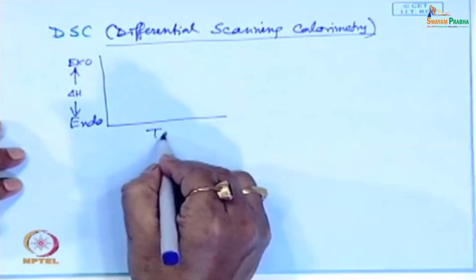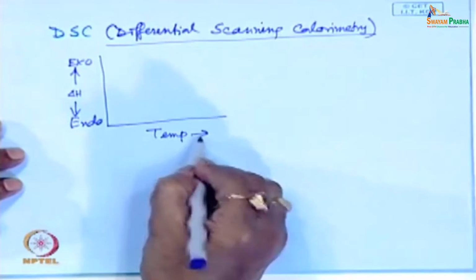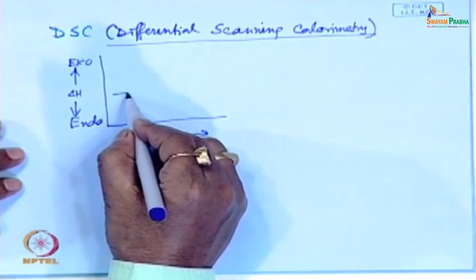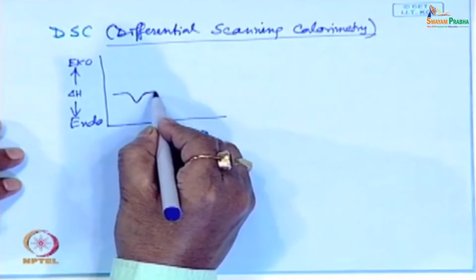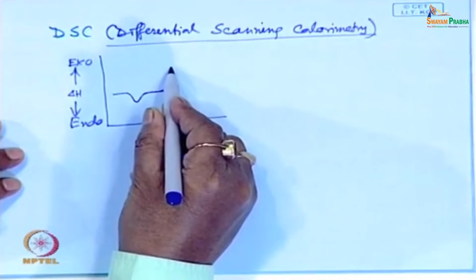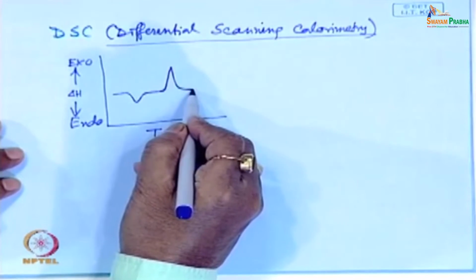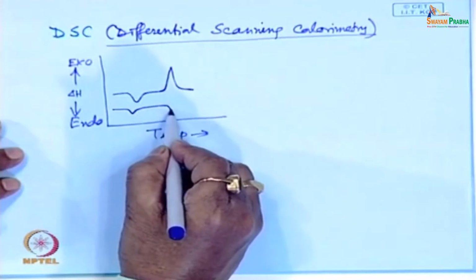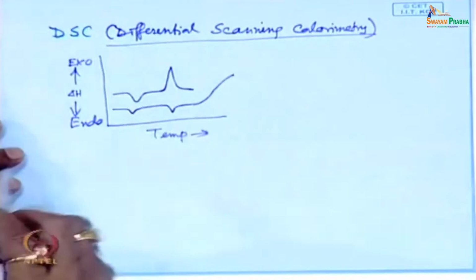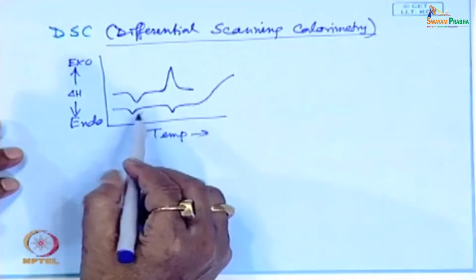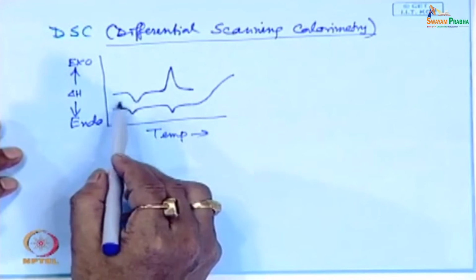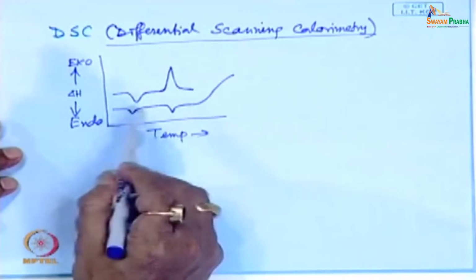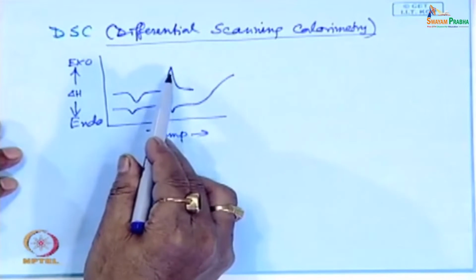This is the temperature axis, and you can get a curve like this. Or you can get a curve like this. Now, these are actually transitions, again change of enthalpy during the transition, either endothermic transition in these cases or exothermic transition.